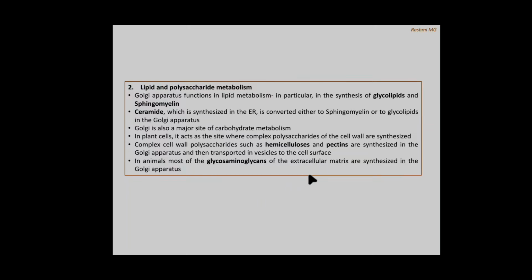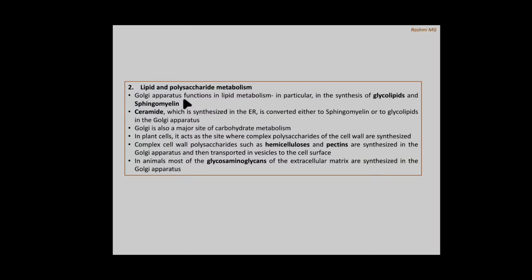Now today we'll learn about this aspect, that is lipid and polysaccharide metabolism. It's easy. Golgi apparatus functions in lipid metabolism. What lipids does the Golgi synthesize? That is glycolipids and sphingomyelin. You already know glycolipids and sphingomyelin are very essential for the plasma membrane.